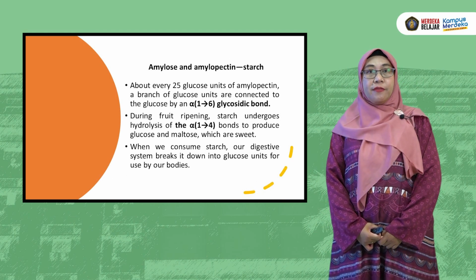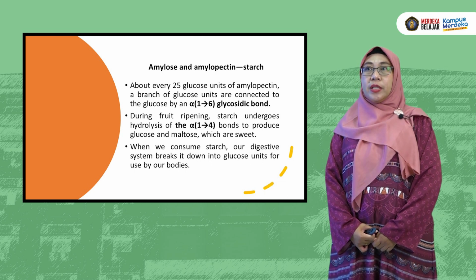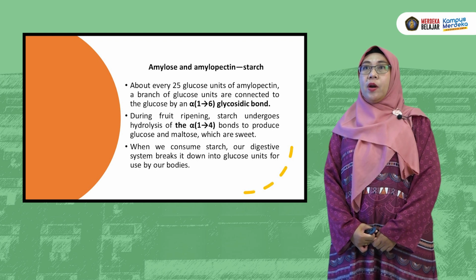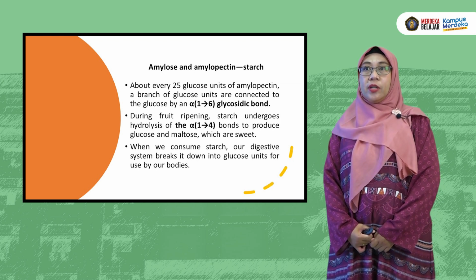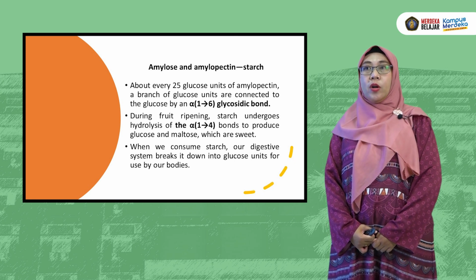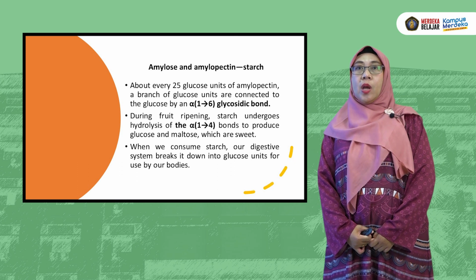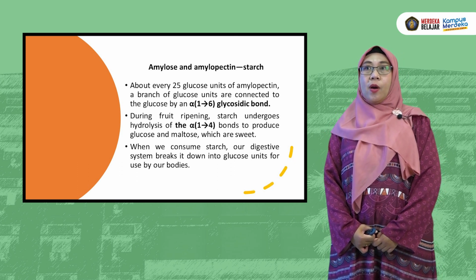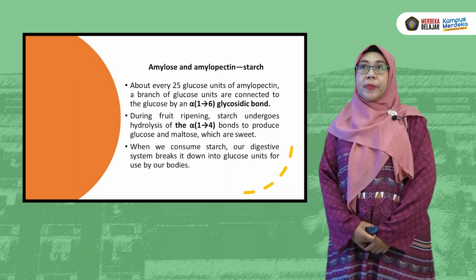About every 25 glucose units of amylopectin, a branch of glucose units is connected by an alpha-1,6 glycosidic bond. During fruit ripening, starch undergoes hydrolysis of the alpha-1,4 bonds to produce glucose and maltose, which are sweet. When we consume starch, our digestive system breaks it down into glucose units for our bodies to use.